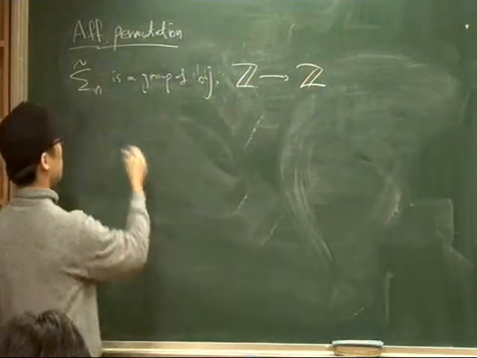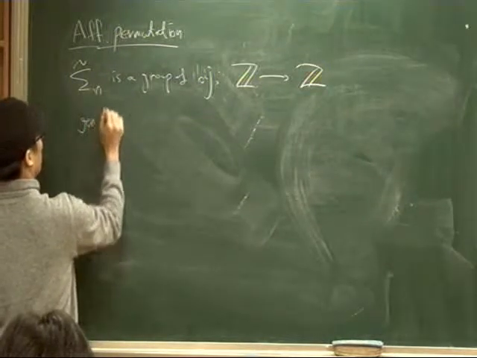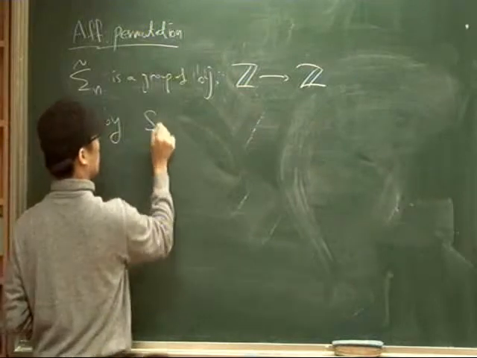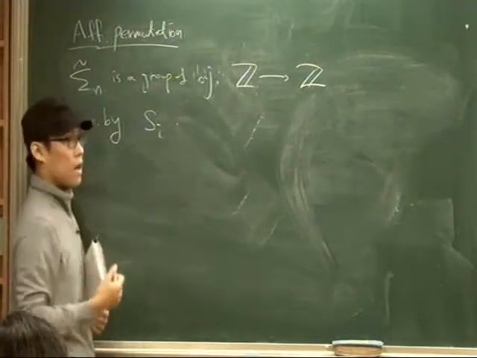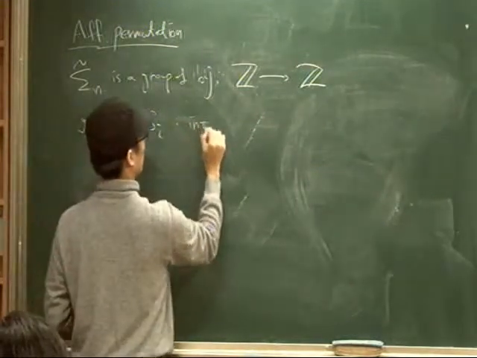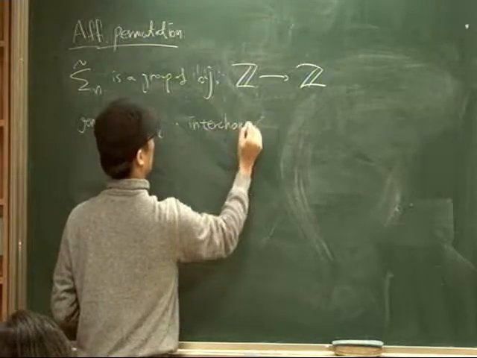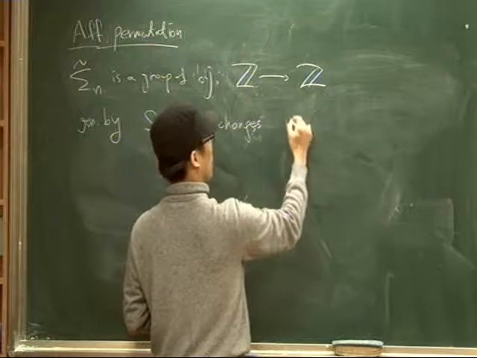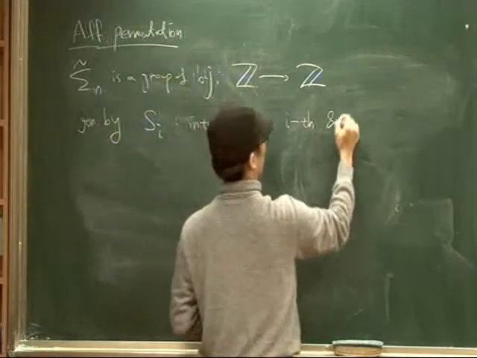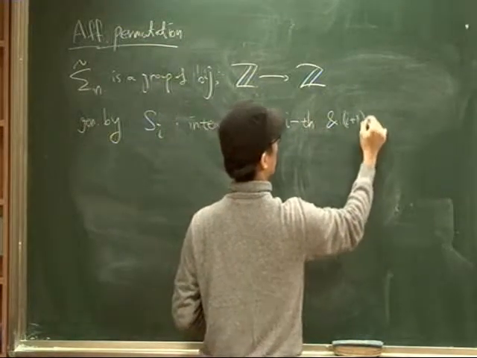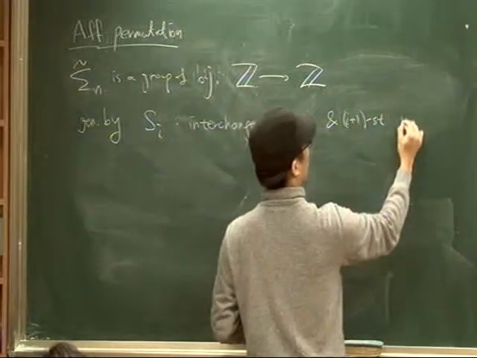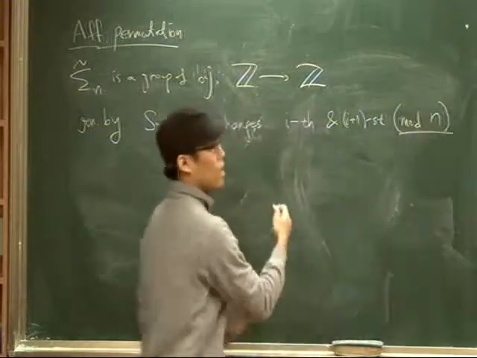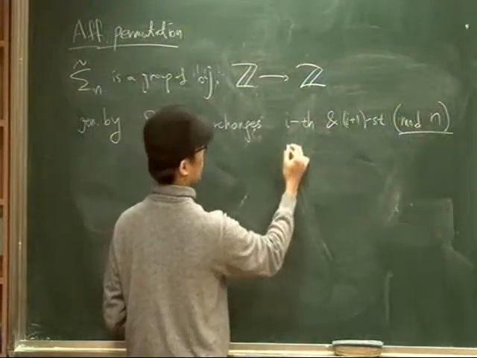And this is generated by simple transpositions s_i, which interchange i and i plus one modulo n positions.